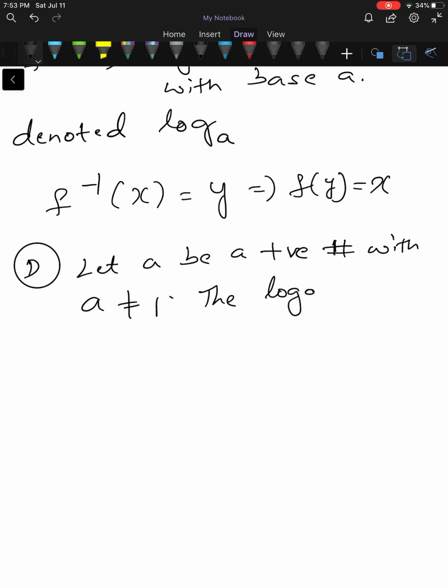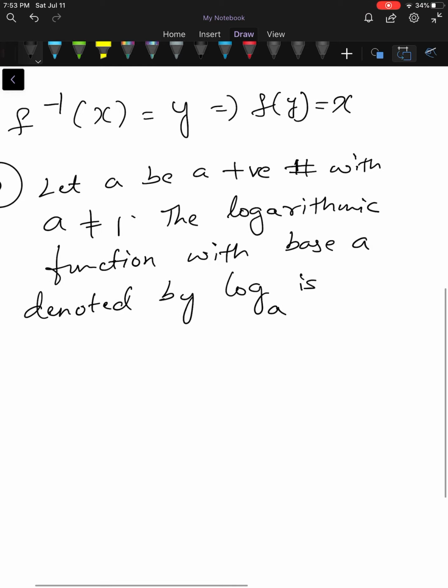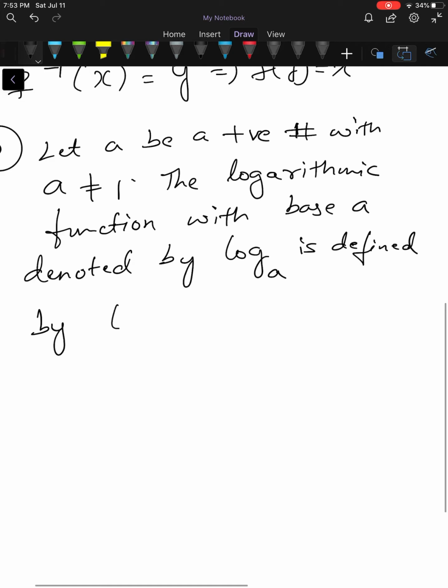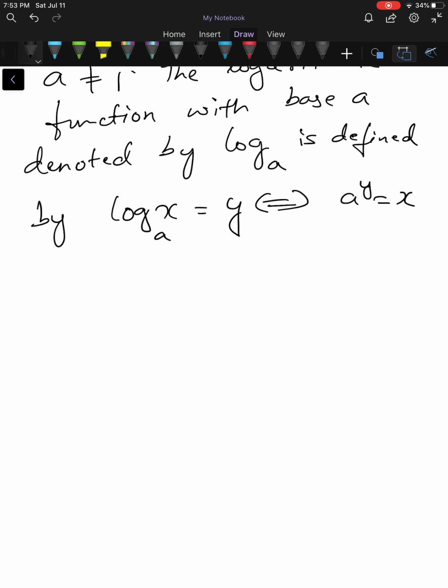Then the logarithmic function with base a, denoted by log subscript a, is defined by log a of x is y if and only if a to the power of y is equal to x.